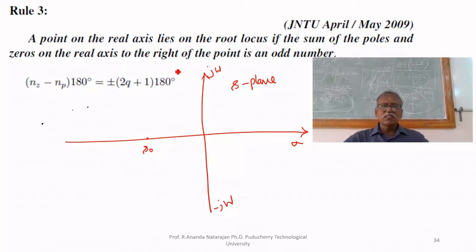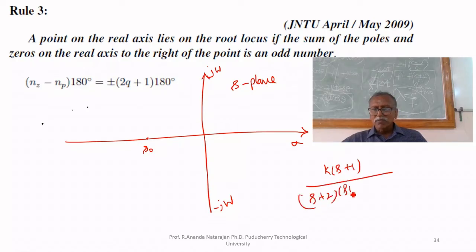A point on the real axis lies on the root locus if the sum of poles and zeros on the real axis to the right of the point is an odd number. We will take the same example: s plus 1 upon s plus 2, s plus 3, s plus 4.